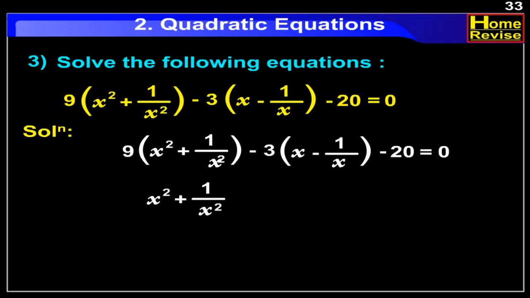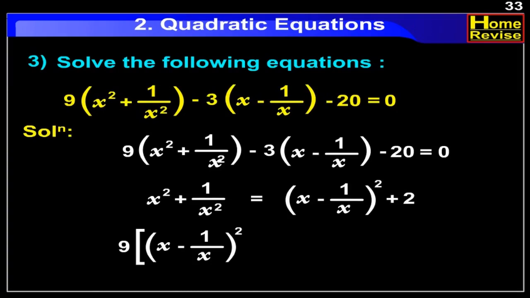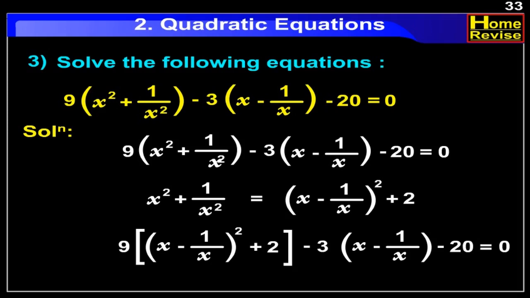We know that x² + 1/x² = (x − 1/x)² + 2. Putting this value, we get 9[(x − 1/x)² + 2] − 3(x − 1/x) − 20 = 0.